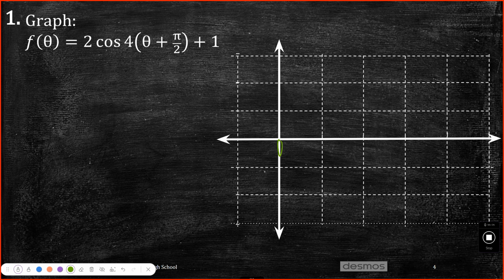So this is 0, and then pi by 2, pi, 3 pi by 2, 2 pi. And this is theta, f of theta, 1, -1.